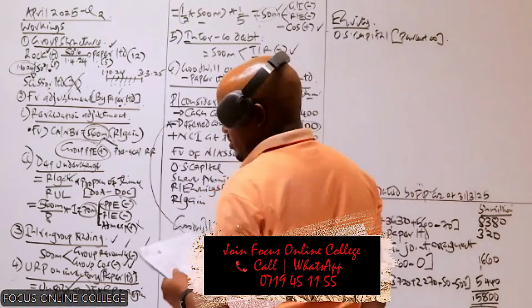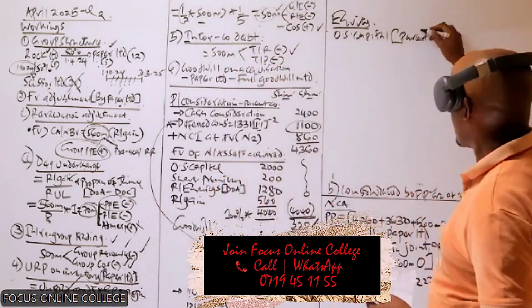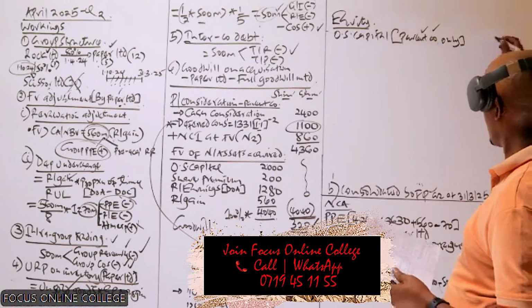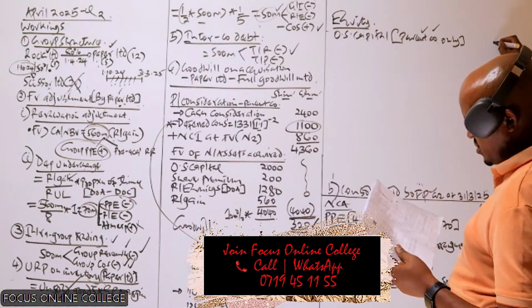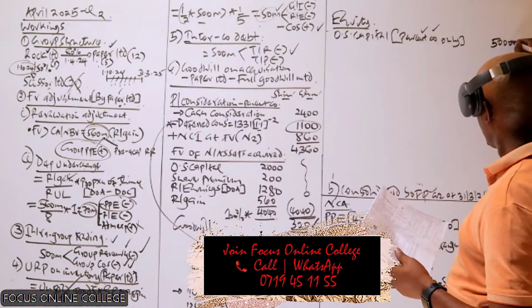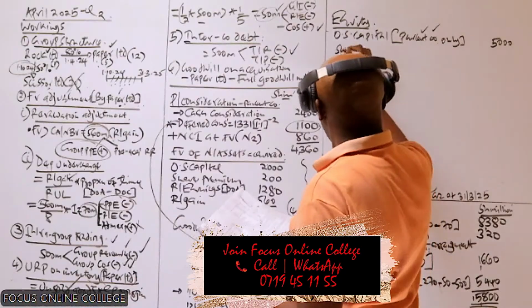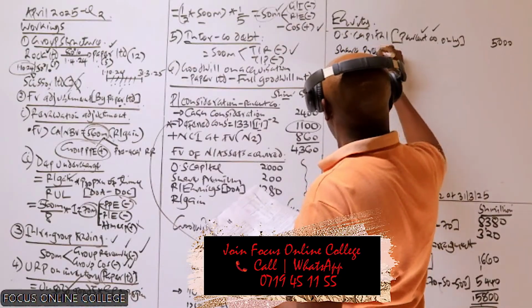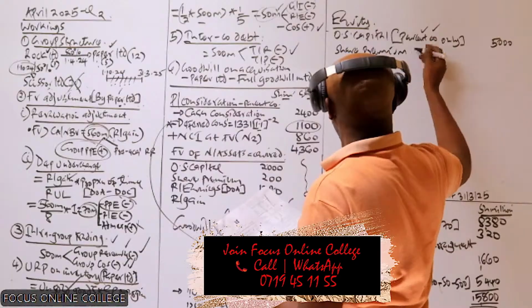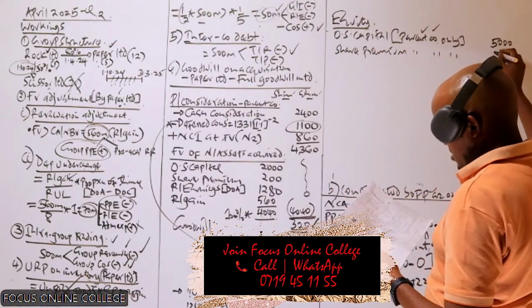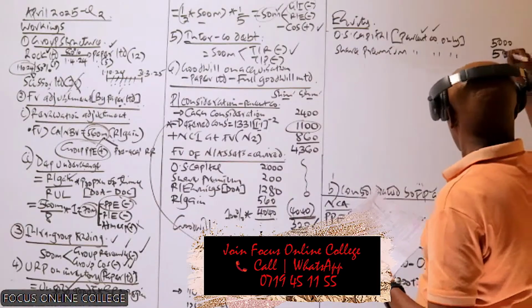We only include the ordinary share capital of the parent company only, which is 5,000. Below that we have share premium. Equally, for the share premium, we include that of the parent company only, which is 500.